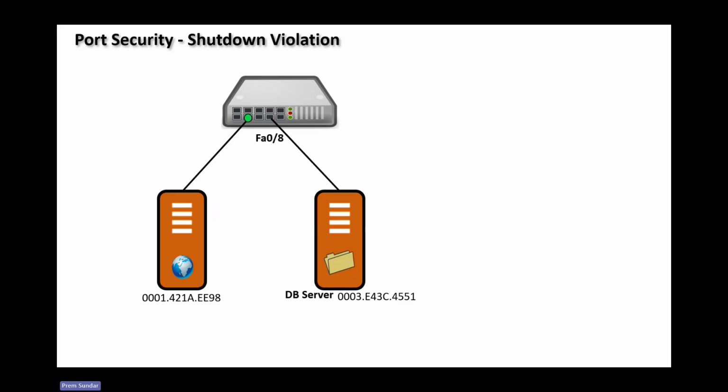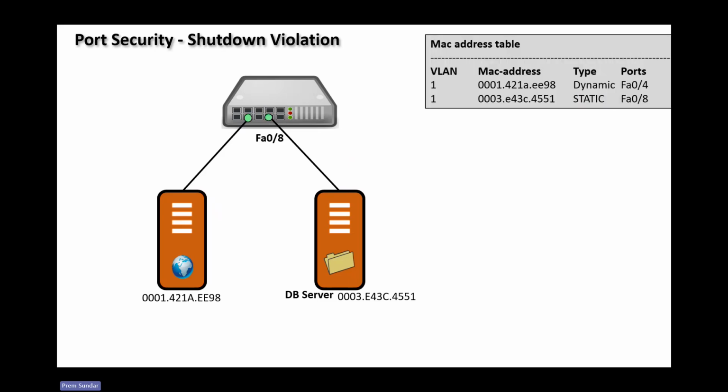As you can see, when port security is configured on the FA0/8 port for the DB server, the switch updates the DB server MAC address in its MAC address table as a static entry. If the DB server is disconnected, the switch removes the static MAC address entry.